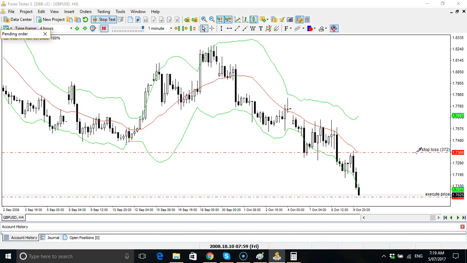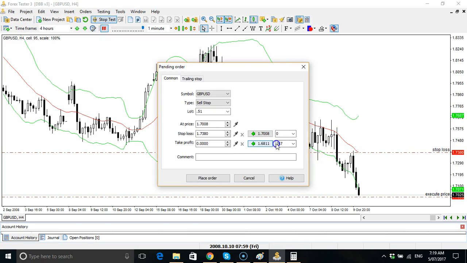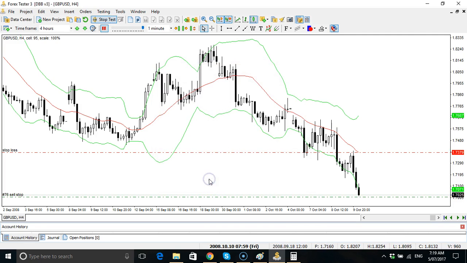Alright, so it's a pretty sizable stop loss placement here, 372, and the lot sizing is obviously going to reflect that. 372. It's 0.27. Alright, I think that's great gravy.